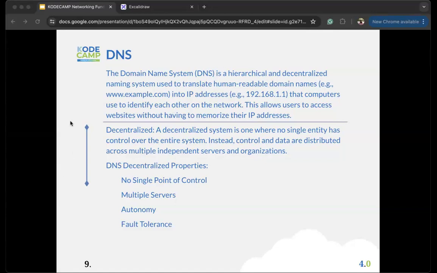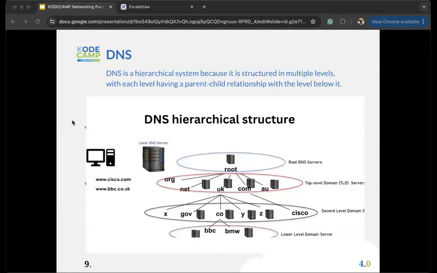There's also the hierarchical property, which you might be more familiar with, right? The DNS has the root servers. It is the hierarchical structure, the different levels of how the domain name system is set up, with each level having its own children and its own children and its own children until it gets to your name.